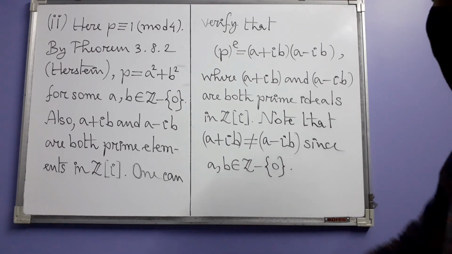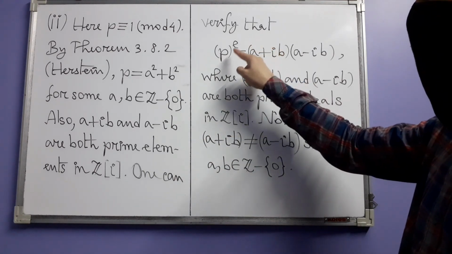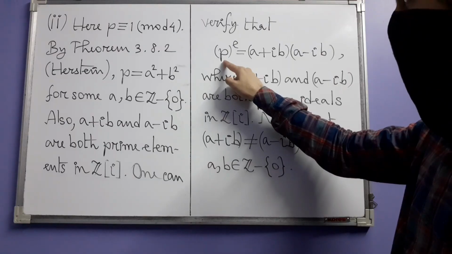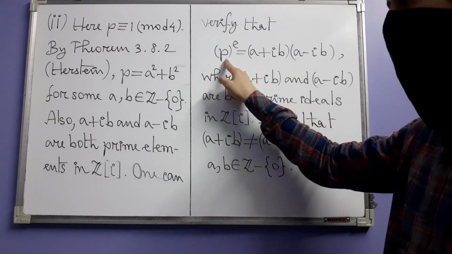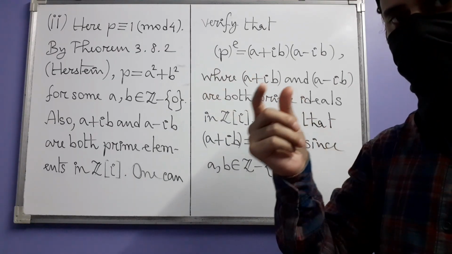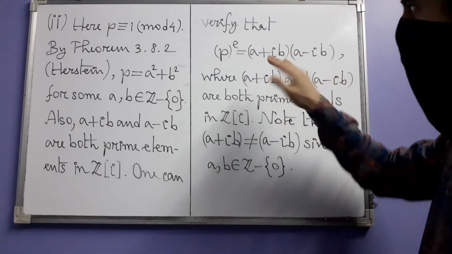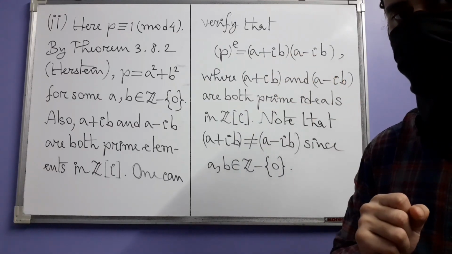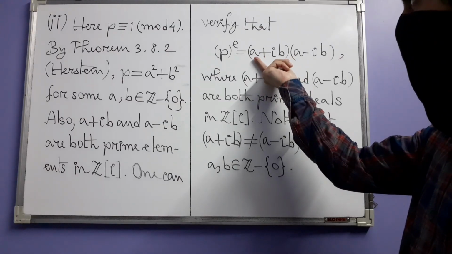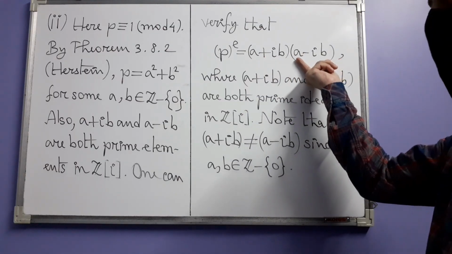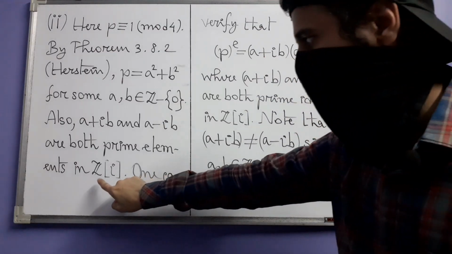And then one can pretty easily verify that the extension of this prime ideal generated by the prime p in the ring of integers is equal to the product of these two principal ideals, one generated by a plus ib and the other one generated by a minus ib in this ring.